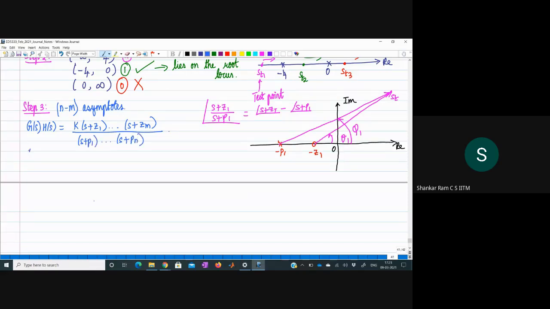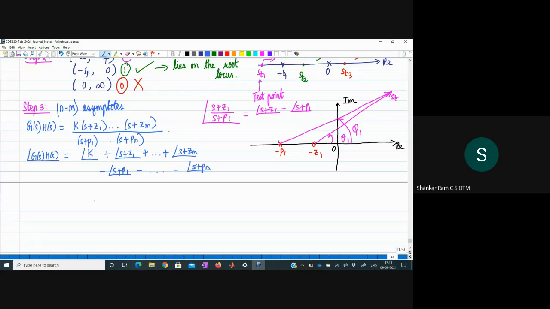So if we are taking the phase of this factor, we will immediately see that this is going to be the sum of the phases in the numerator minus the sum of the phases in the denominator.